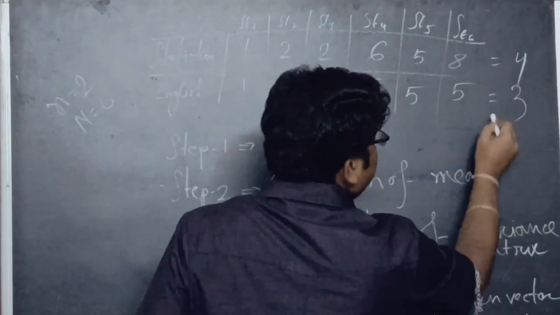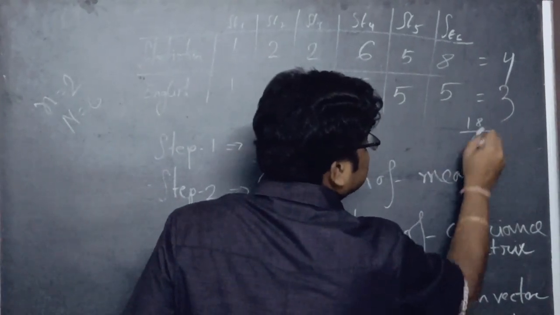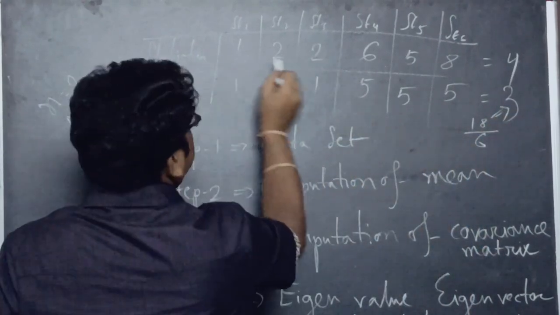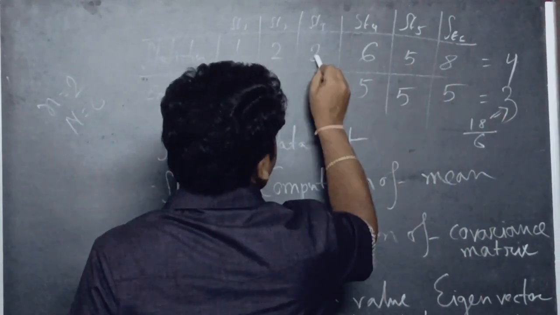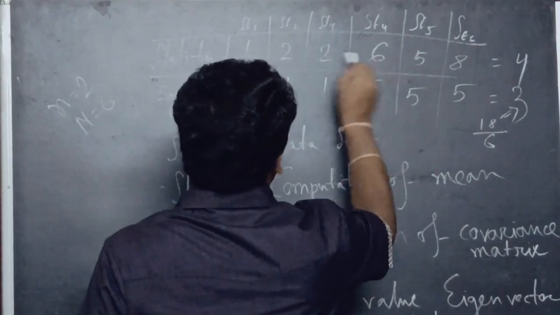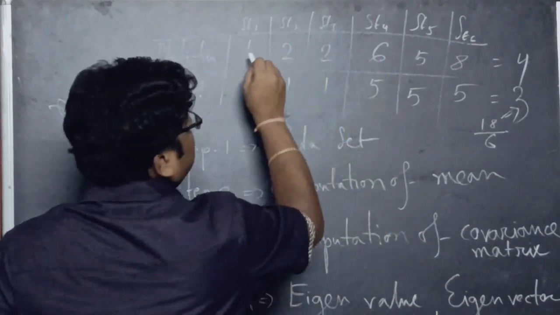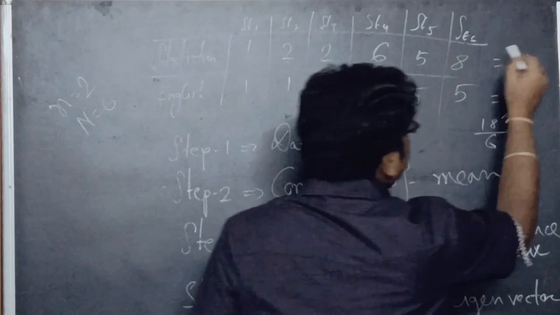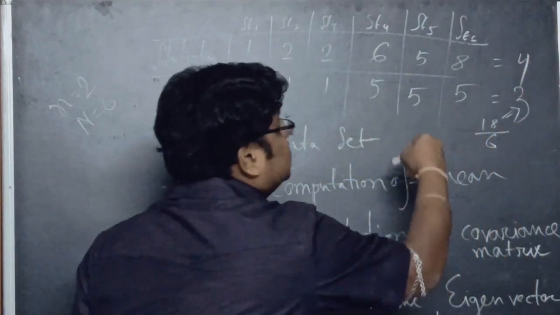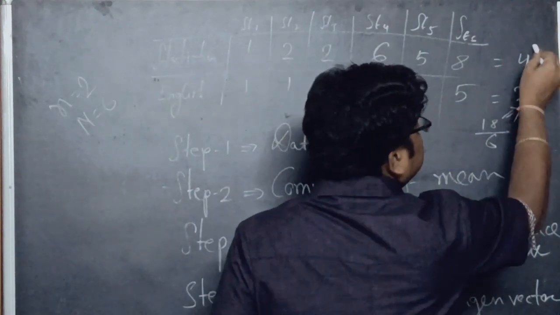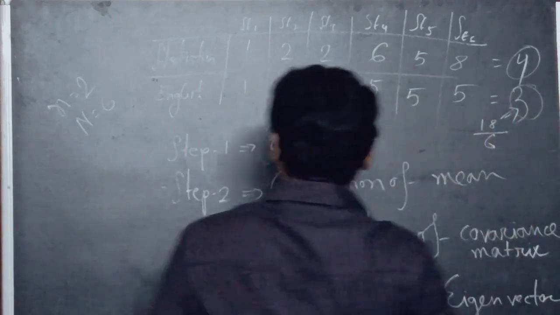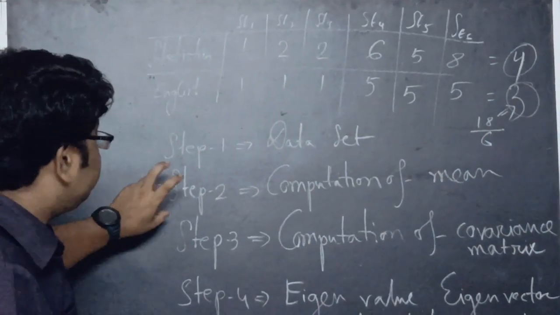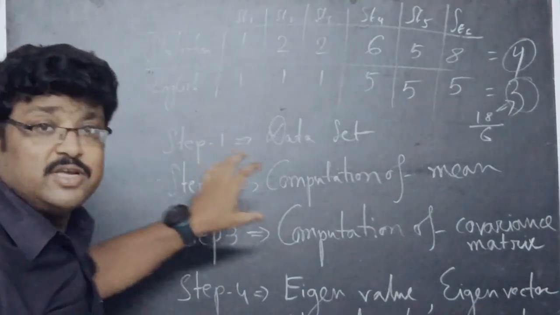So 18 divided by 6 is nothing but 3, and 24 divided by 6 is nothing but 4. These two are the means. So step 1 and step 2 have been solved here.